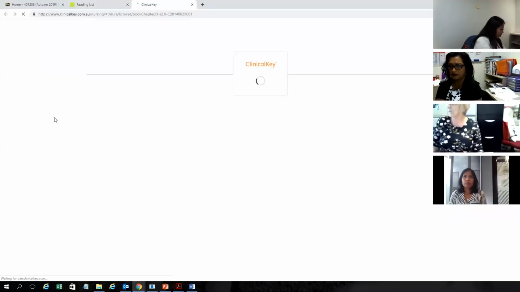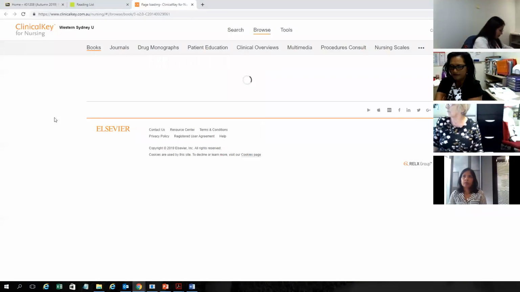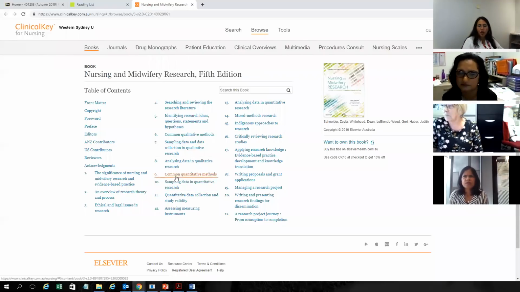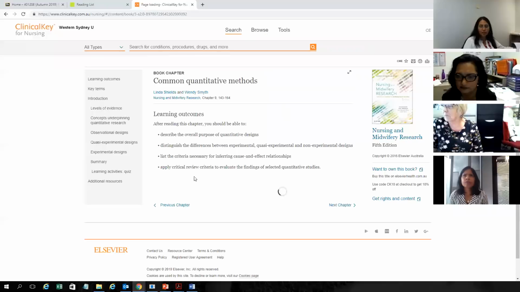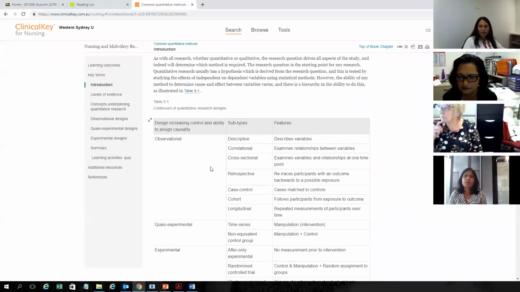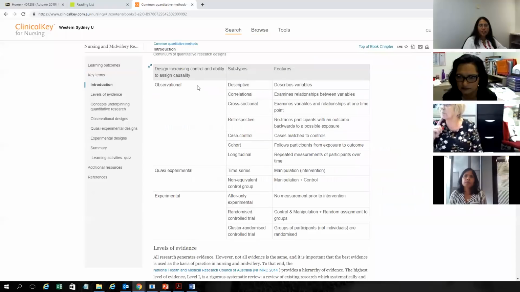And I'm going to chapter 9, Common Quantitative Methods. So here we see the different research designs in quantitative research: observational, quasi-experimental, and experimental.